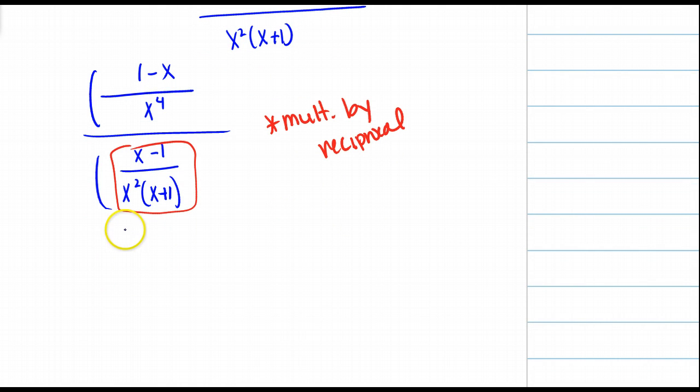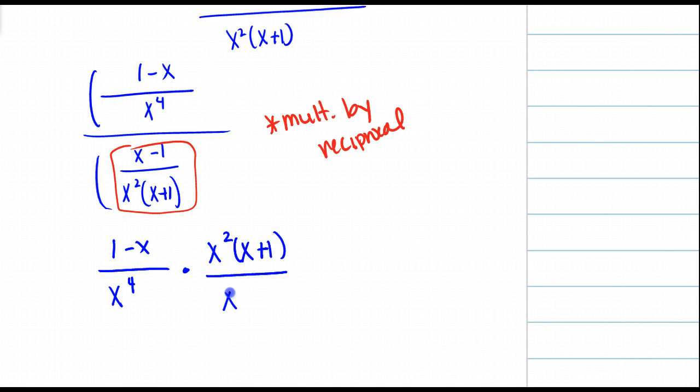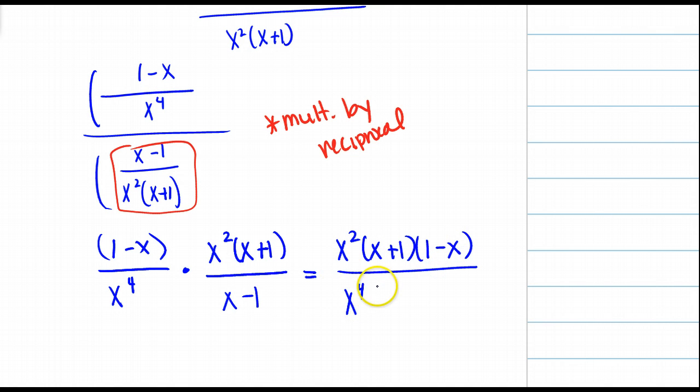So that gives me 1 minus x over x to the fourth multiplied by x squared times x plus 1 over x minus 1. And then I get to multiply these fractions together. So I'm just going to do x squared times x plus 1 times 1 minus x over x to the fourth times x minus 1.